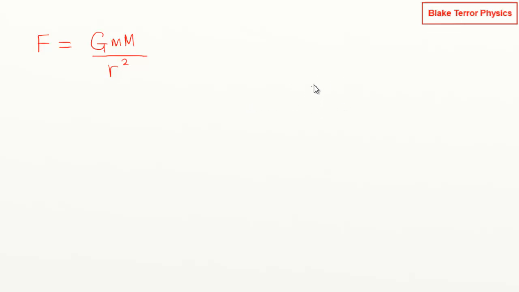So what does this actually mean? Well, the separation between our two masses is going to be the radius of the Earth. So if we've got some object sitting on the surface of the Earth, our separation, the r in here, is going to be the radius of the Earth.